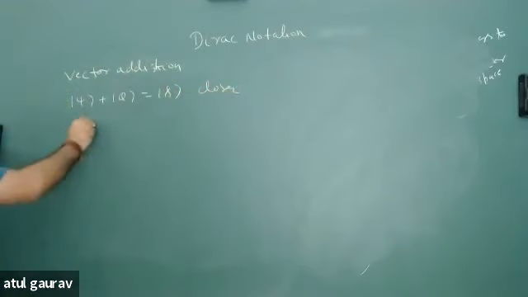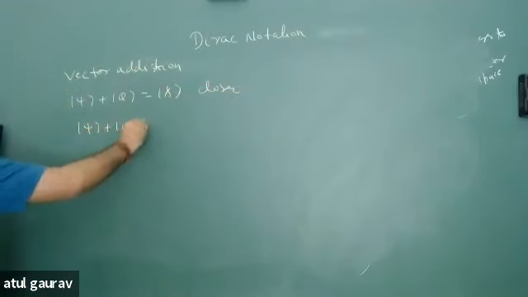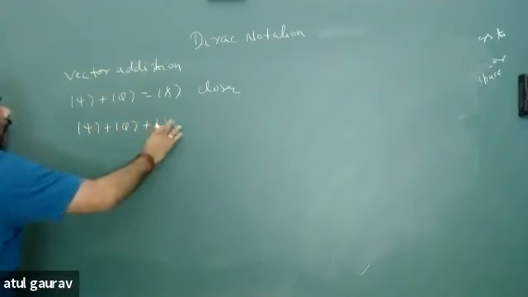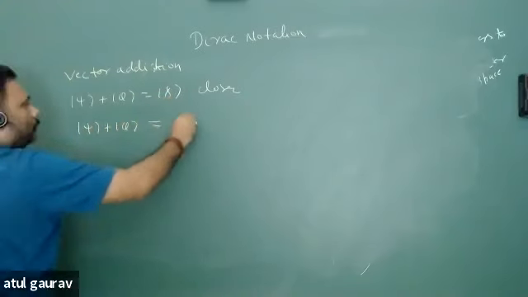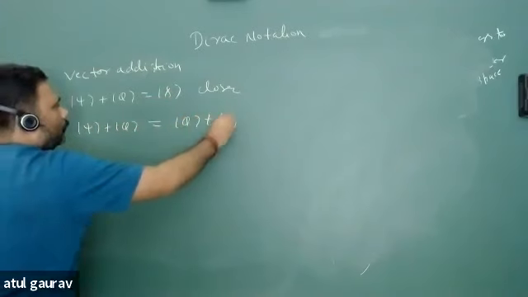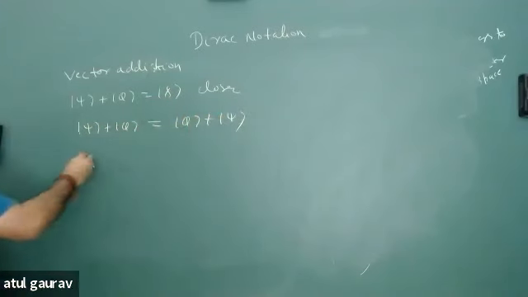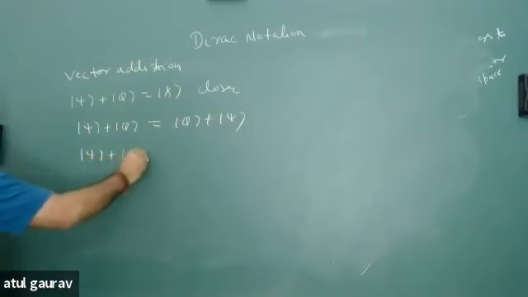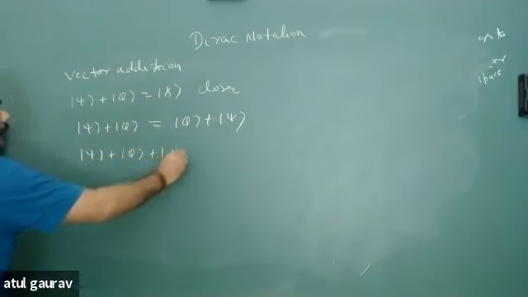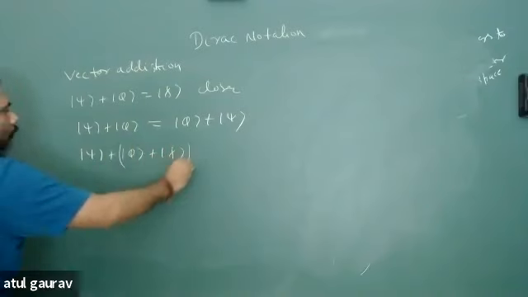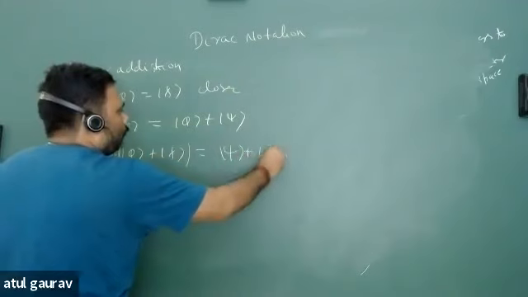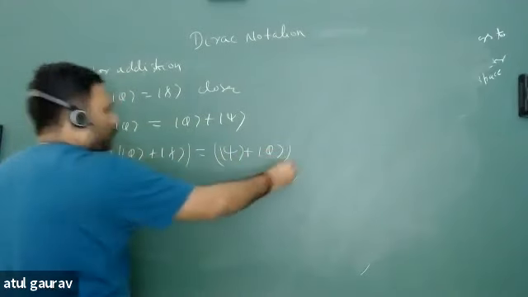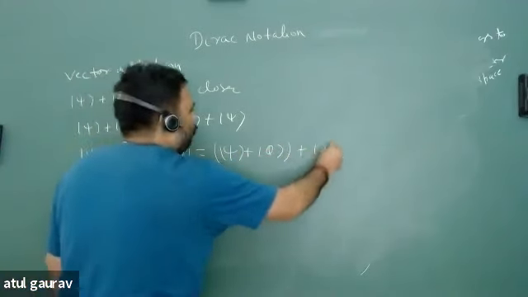Then you can go for commutation, so that is phi plus psi. You can go for associativity, psi plus phi plus chi, or psi plus phi plus chi. These are very trivial.